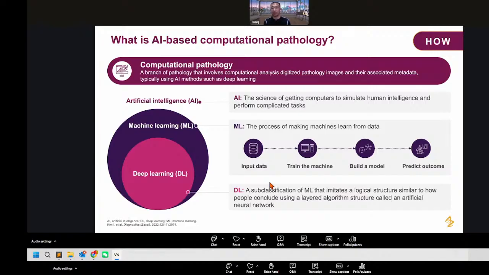But it's not until deep learning, the smallest circle, that we are talking about real AI for computational pathology, because computational pathology needs a more advanced model to predict or even self-train the algorithm to adjust.